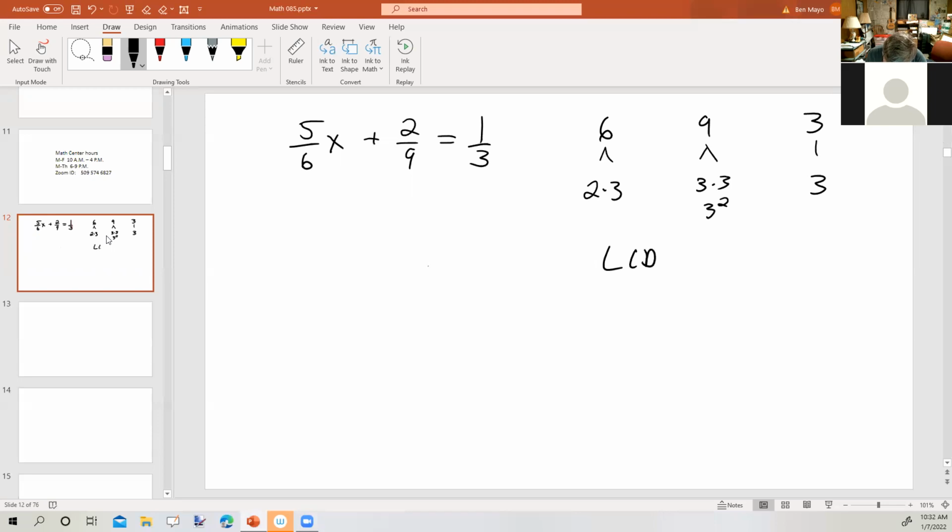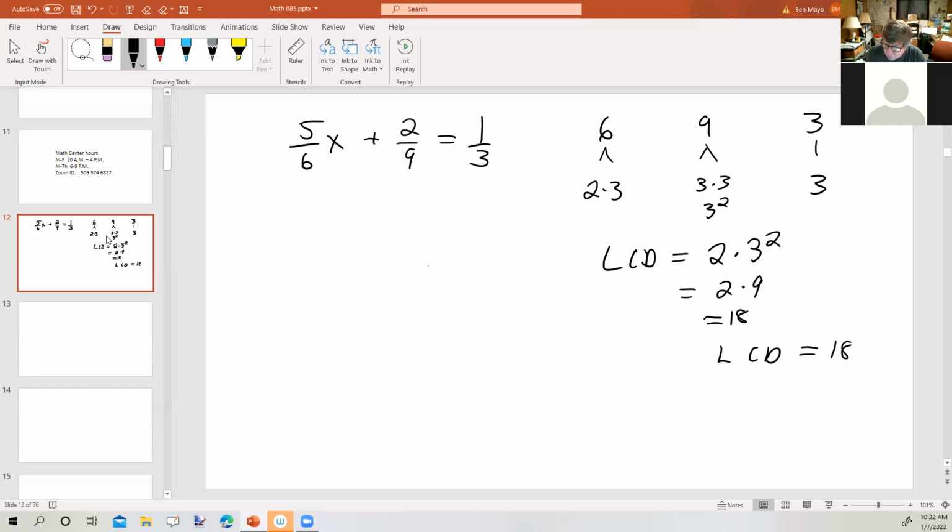To find the least common denominator, we take the product of the highest power of each different prime factor present in all the denominators. So let's take a look. We've got a 2 and 3s. The highest power of 2 there is just 2 to the 1 power. The highest power of 3 is 3 squared. So 2 times 3 squared, 2 times 9, 18. So the LCD is 18.